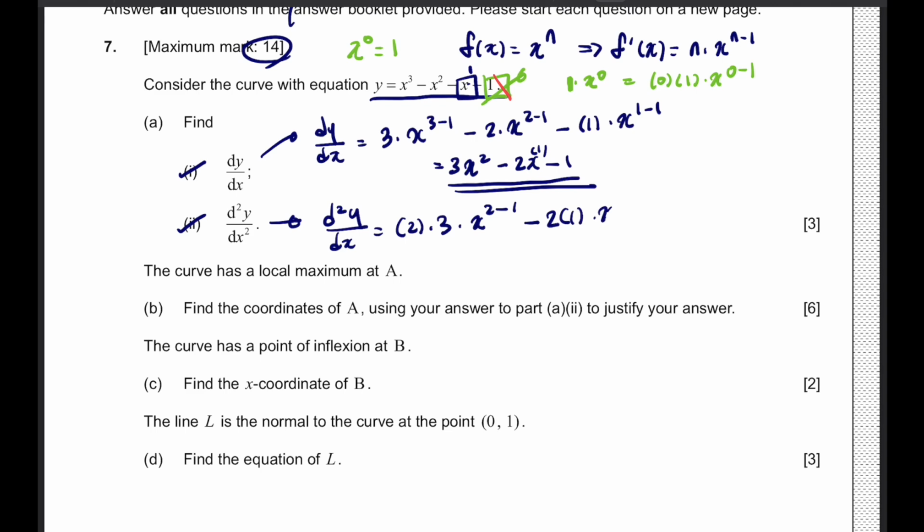Let's not forget that 1, but we're still subtracting it, and then we cancel off that constant. So we write our final answer as 6x minus 2. So we got our second derivative too.